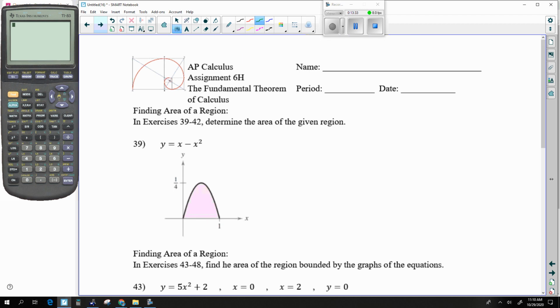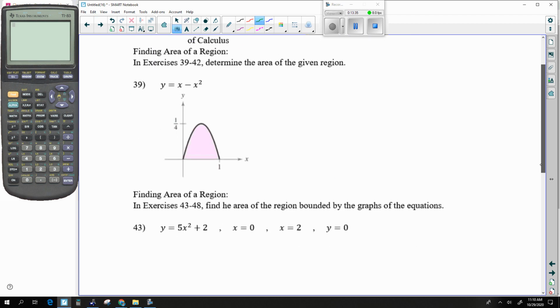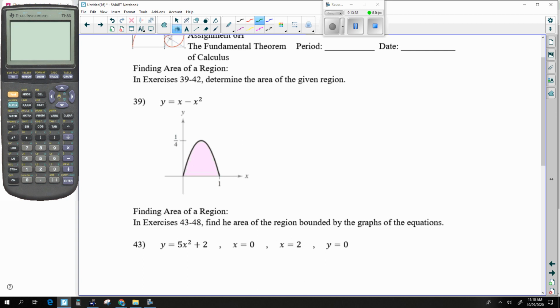All right, determine the area of the given region. So that's area under a curve. Notice how this goes from 0 to 1. So the area under the curve will be the integral from 0 to 1 of our equation, dx.